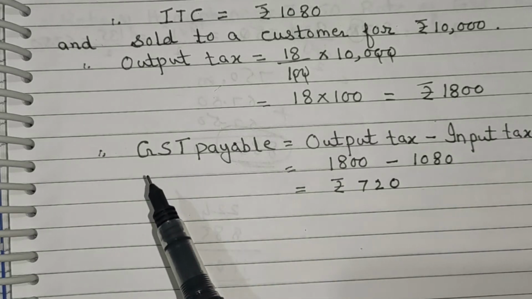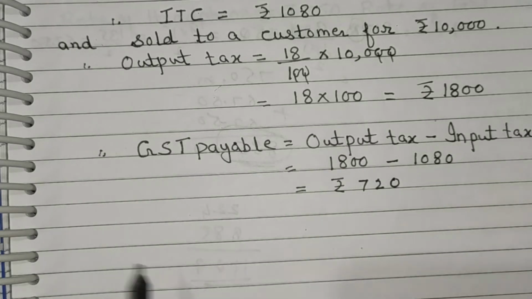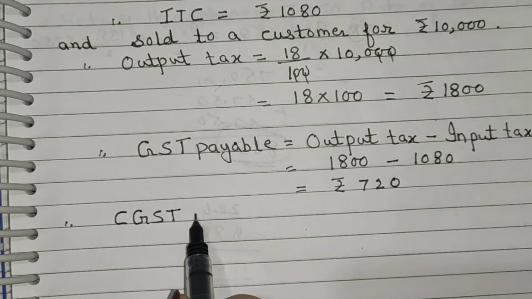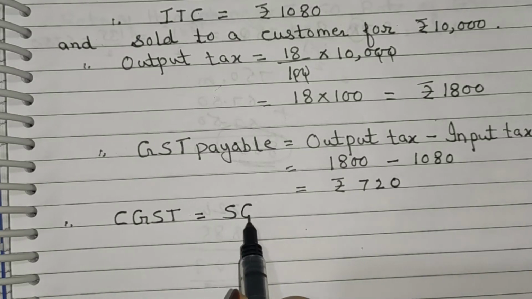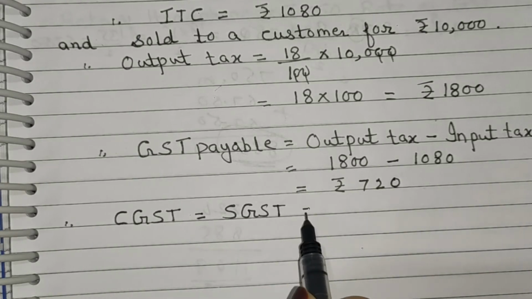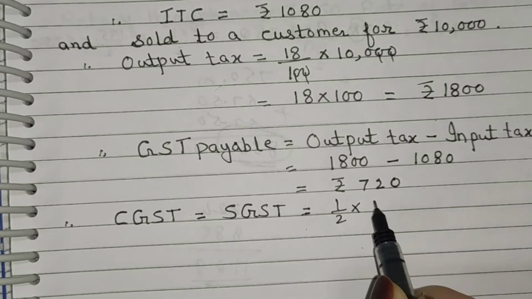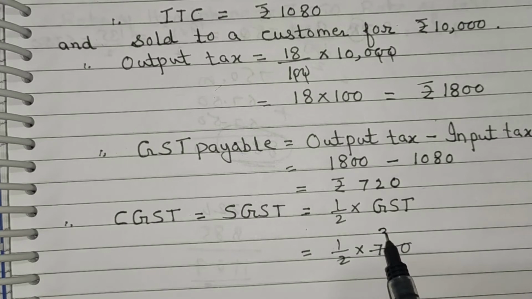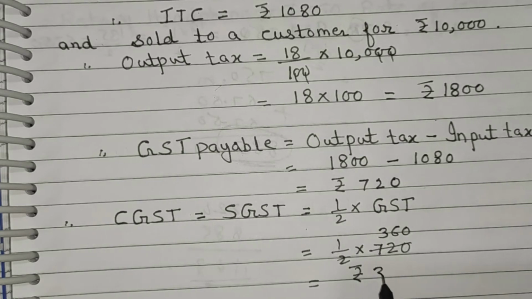Now next one is the amount of CGST and SGST. Now we know that the amount of CGST and the amount of SGST is equal to half of GST. Therefore half of 720. Cancel it. 2 3s are 6, 2 6 are 12, and 0. Now we get here rupees 360.